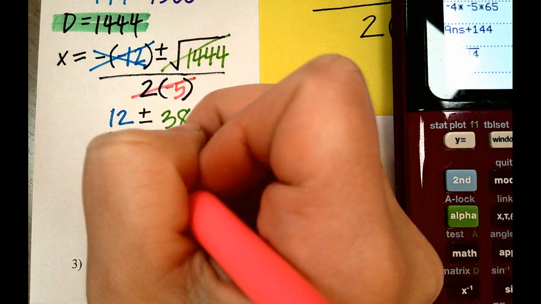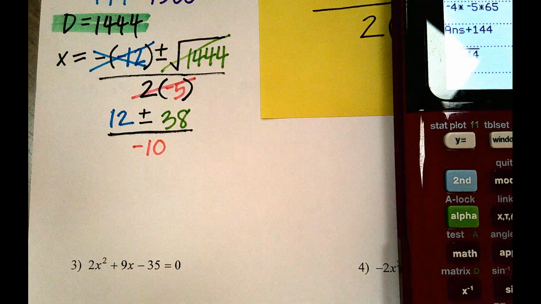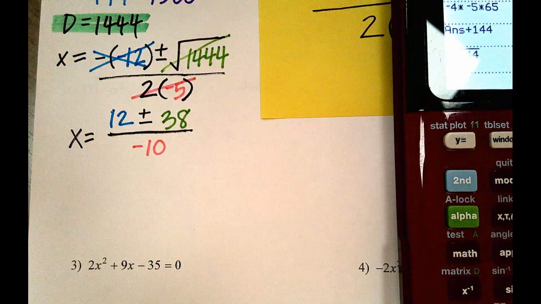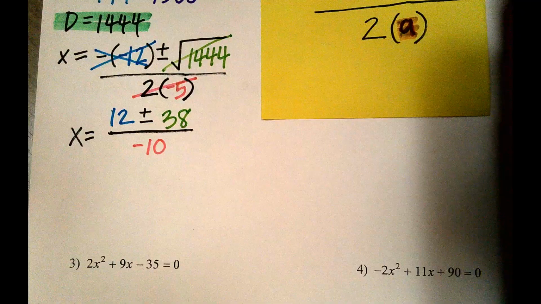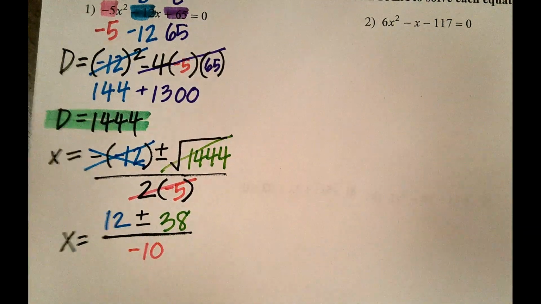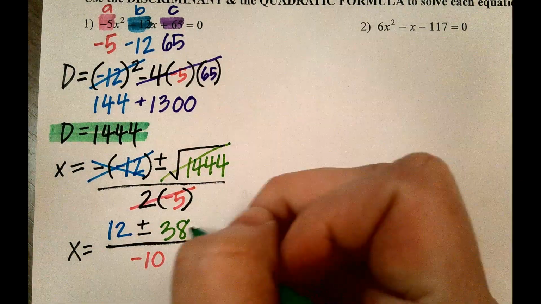Perfect. So I'll cross that out, bring that down. And now, yes, now that we have 3 numbers and no weird symbols other than the plus or minus, we can split into the plus or minus equations. So I'm going to move everything out of the way and let's start with our plus.